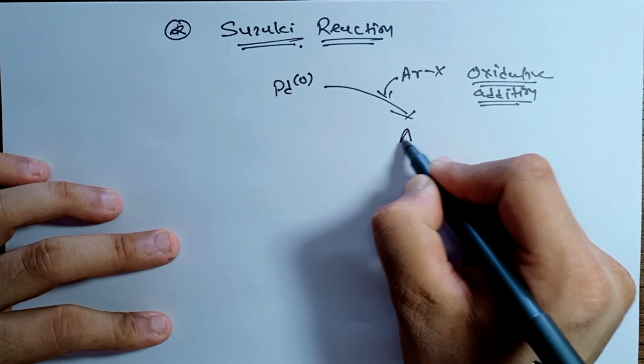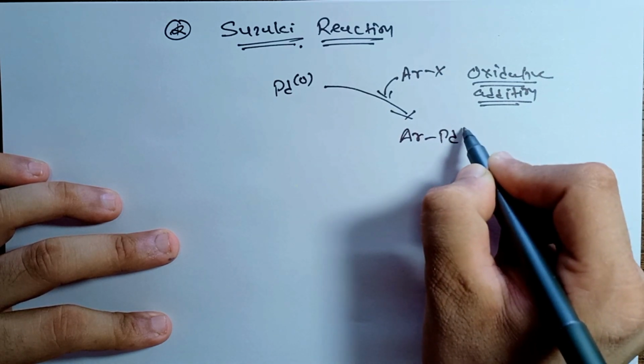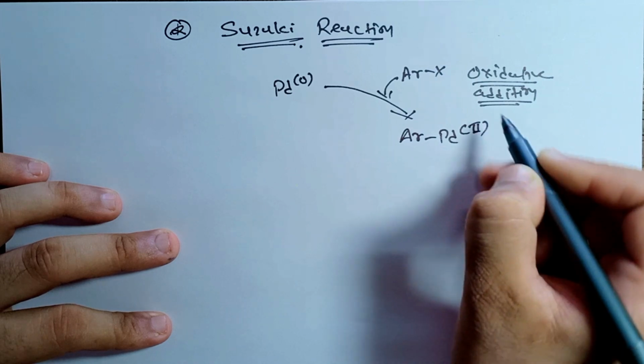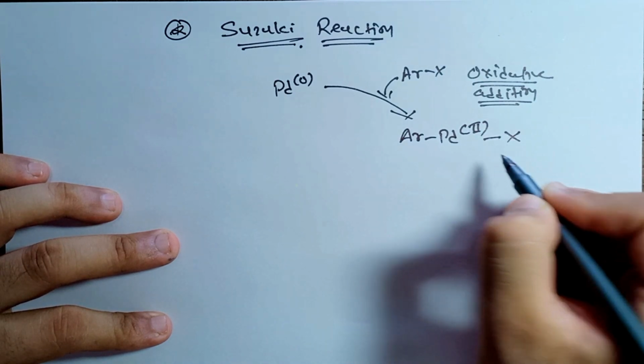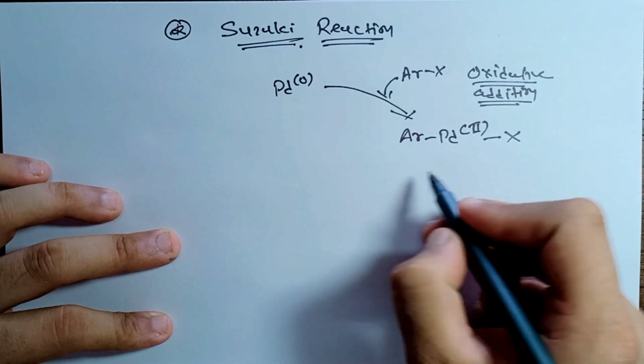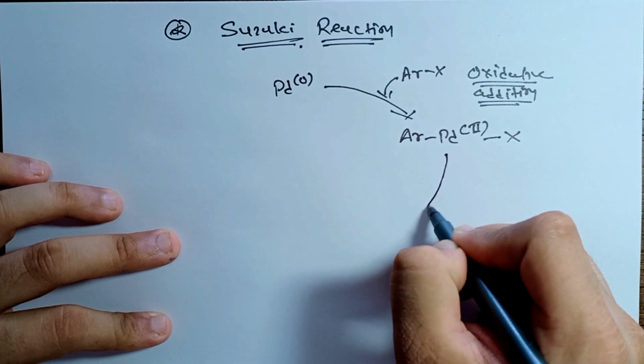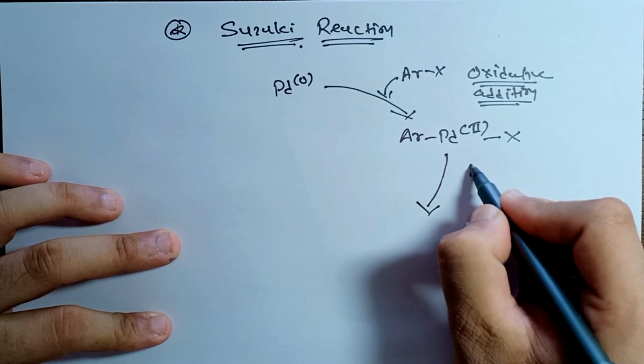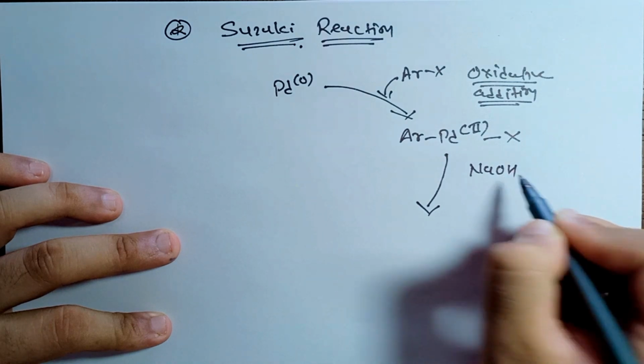So here we have the Ar group, and the palladium is converted to the +2 oxidation state, and here we have the X group. This is our first step, the oxidative addition reaction. In the next step, we react with the base, that is NaOH.